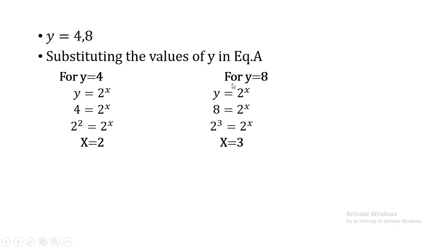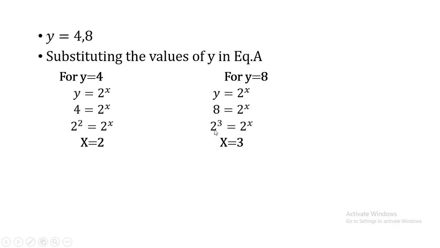Similarly, I've done the same for y = 8. y = 2^x, so 8 = 2^x. 8 can also be written as 2 cubed, equals 2^x. This is by making the bases equal, so I can equate their powers easily.